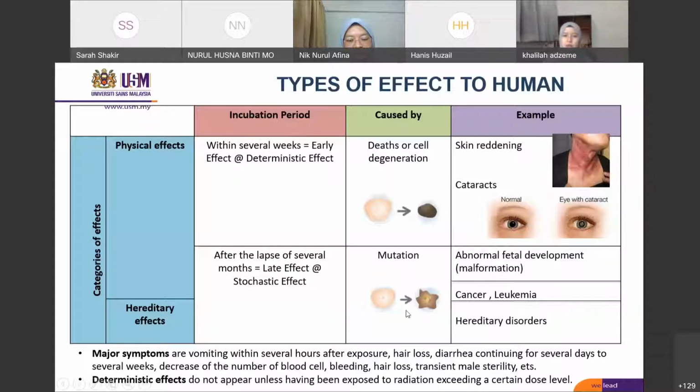Each mutation is unlikely to lead to disease independently, but theoretically, we cannot completely deny the possibility of causing cancer or a hereditary disorder. Therefore, cancer and hereditary disorder are managed on the safe side under the assumption that there is no certain dose level.